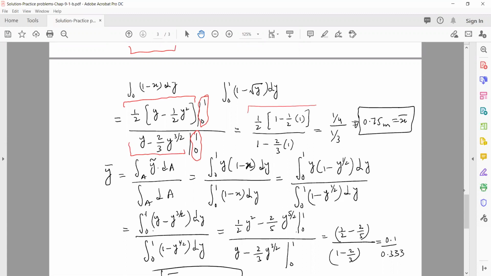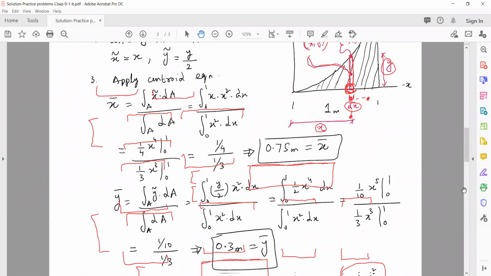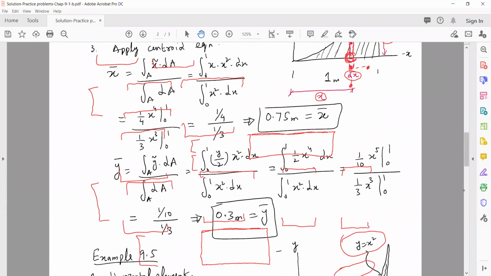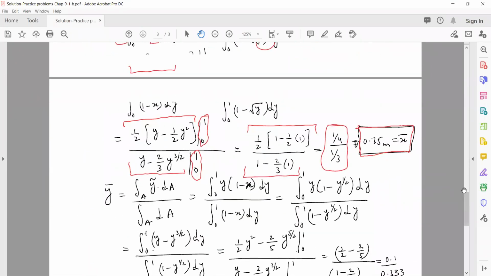We get this at the top and this at the bottom. You simplify, and you get x bar equals 0.75 meters. If you come back to the vertical element, we got x bar at 0.75 meters as well, so we got the same answers for x bar.